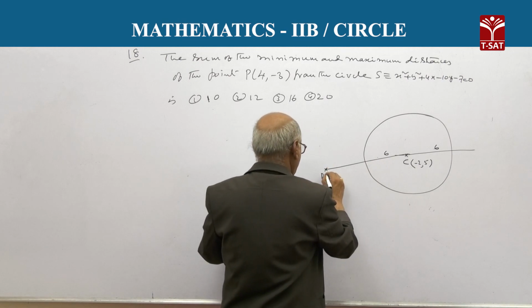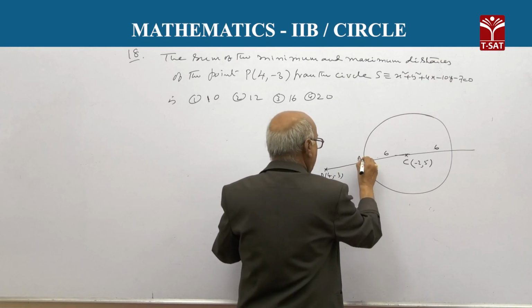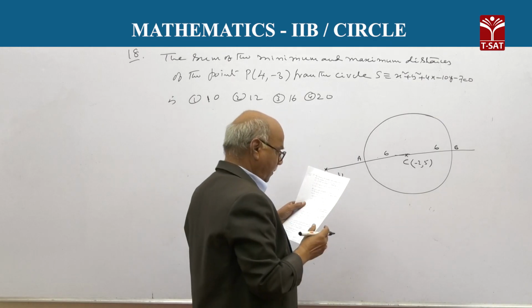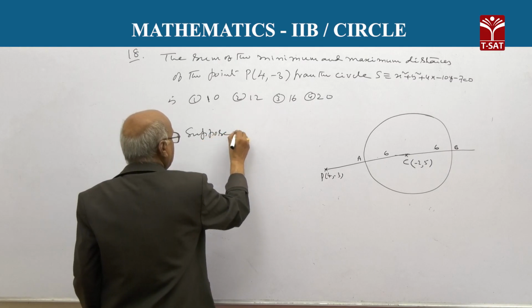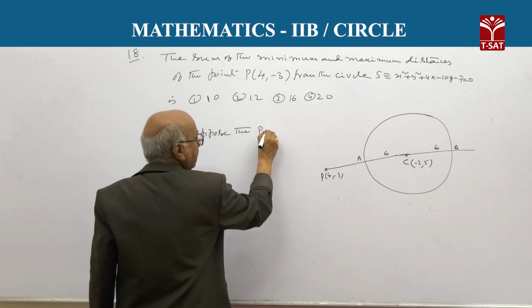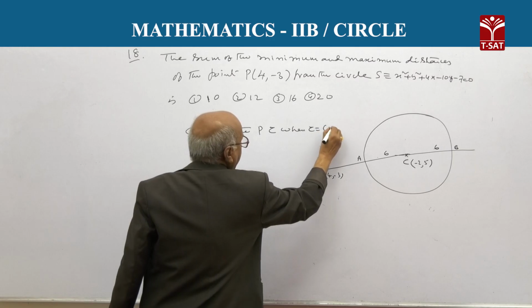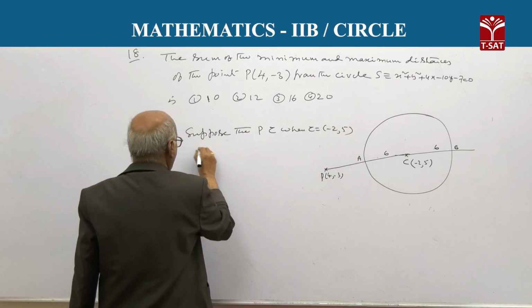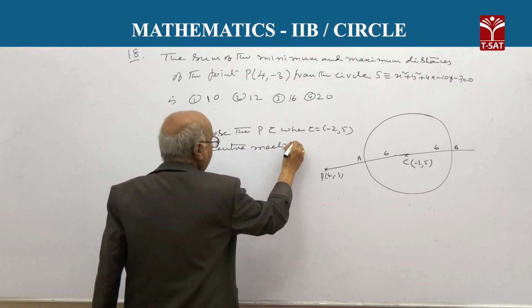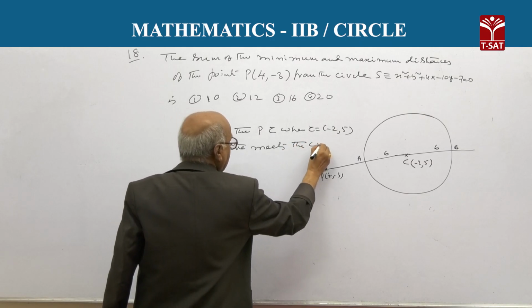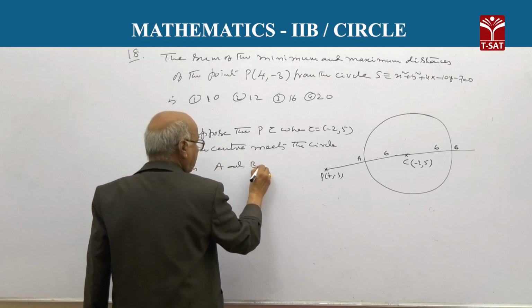Now this is the point P (4, -3), and suppose the line PC, where C is the center (-2, 5), meets the circle in A and B respectively.